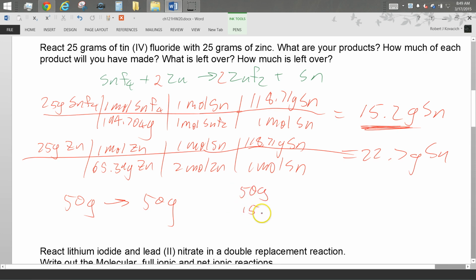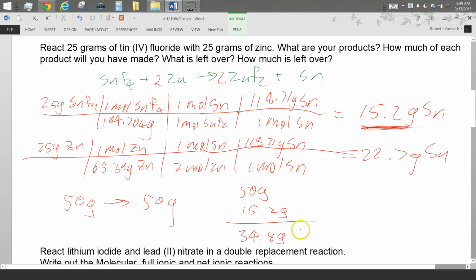It's gone. 25, is that what we said? Used from the tin fluoride? Okay. So 50 minus my 15.2 grams leaves me with 34.8 grams.